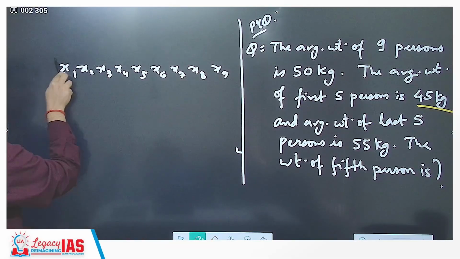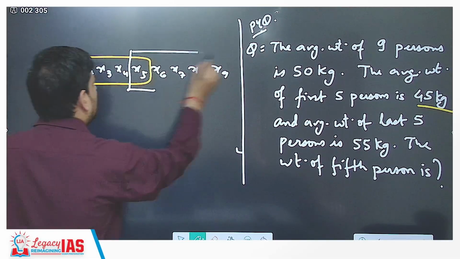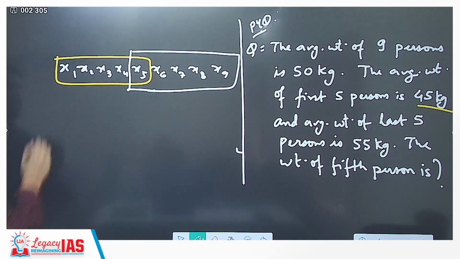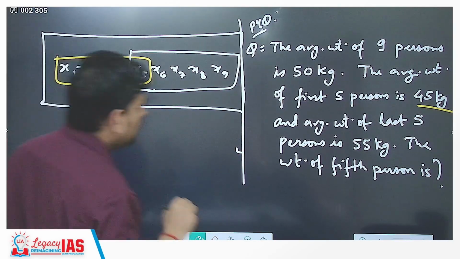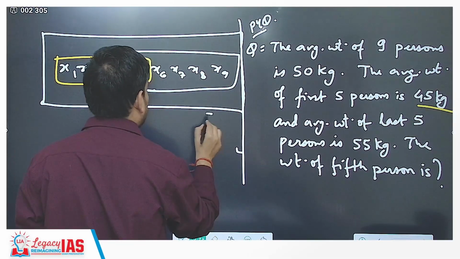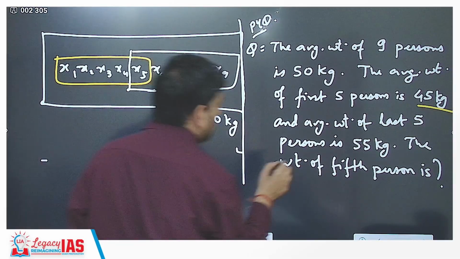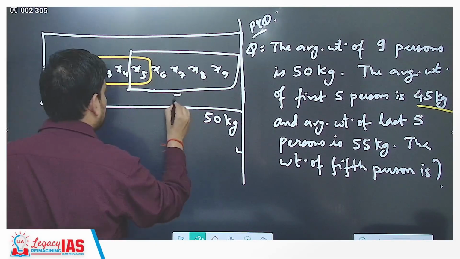Now the average of these 5 is given to you, and the average of these 5 is also given to you, and the total average of the class is also given to you. So total average is 50 kg. Of the first 5 it is 45, of the last 5 it is 55.